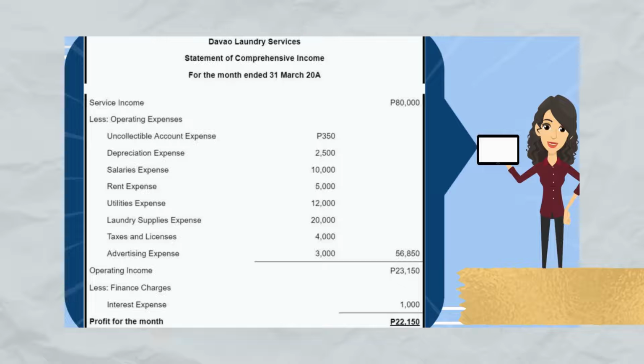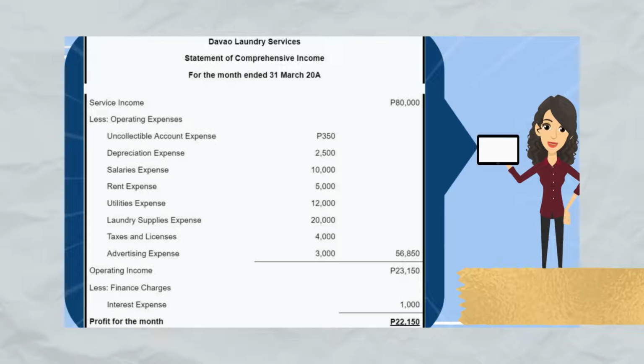And then we have the service income of 80,000 less operating expenses of 56,850, which includes the following: uncollectible accounts expense 350, depreciation expense 2,500, salaries expense 10,000, rent expense 5,000, utilities expense 12,000, laundry supplies expense 20,000, taxes and licenses 4,000, and lastly advertising expense 3,000.